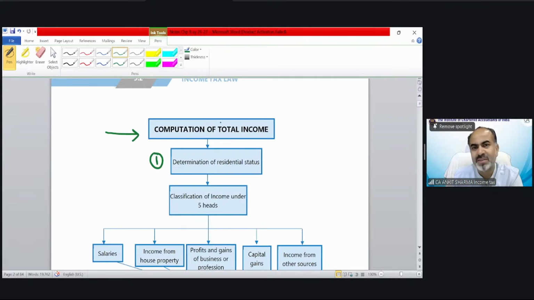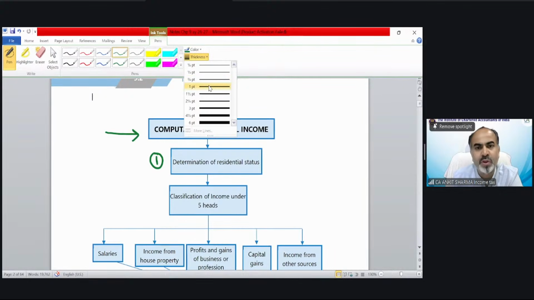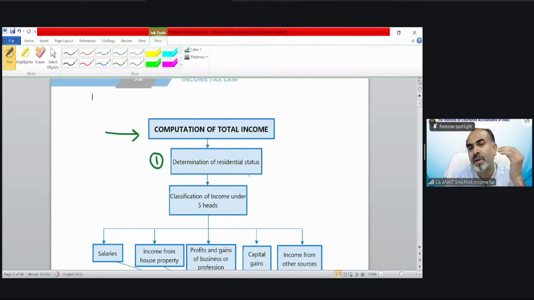So let me discuss these topics very briefly, so you will recall the provisions that will help you understand this chapter more easily. In case of a company, it's very easy to find out the residential status. You have to see the place of effective management if it is not an Indian company. In case of a partnership firm, etc., it is also very easy to find out based on control and management.